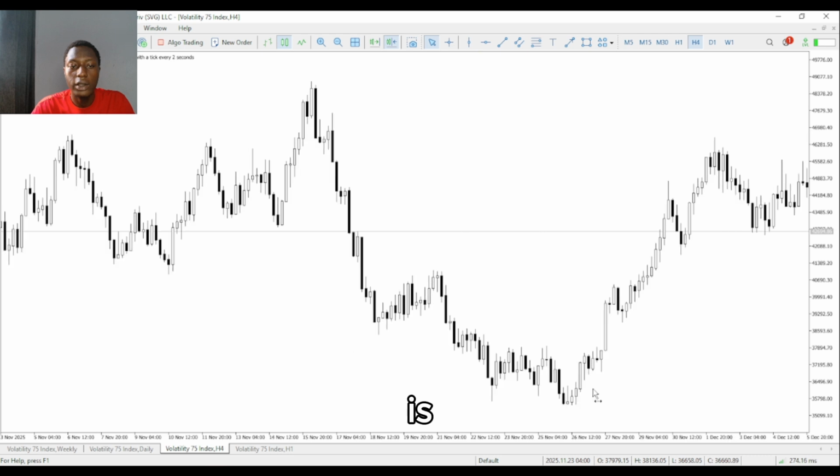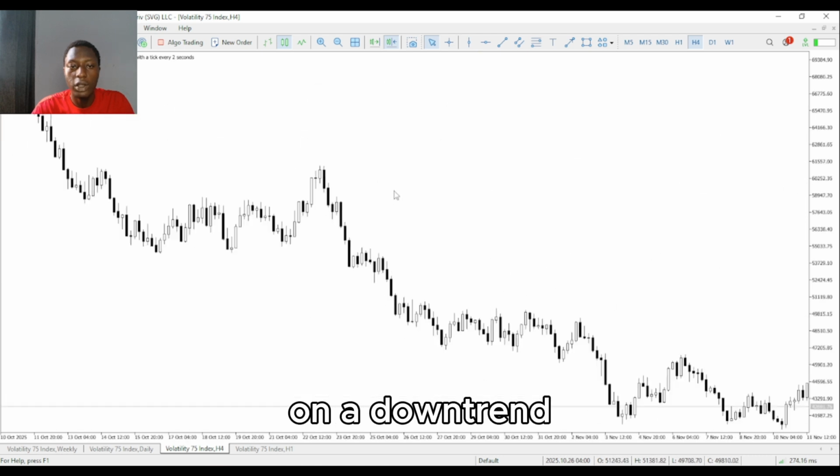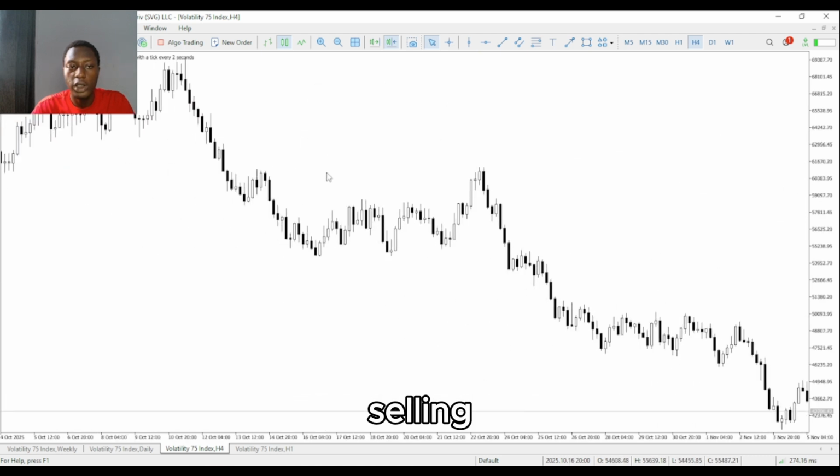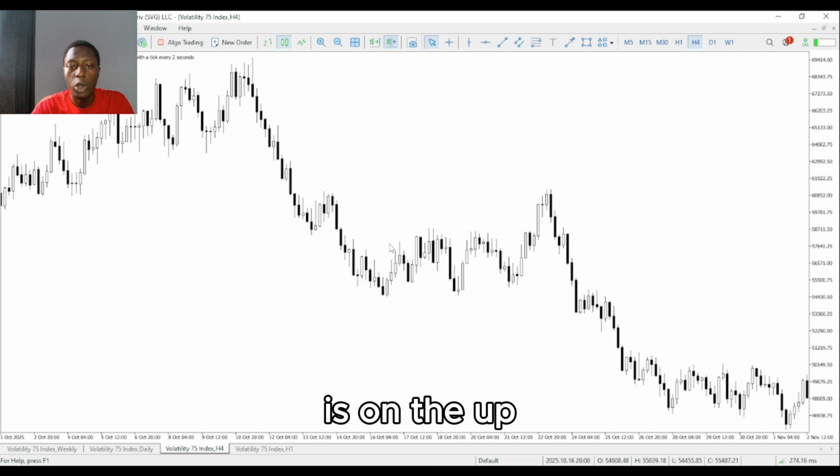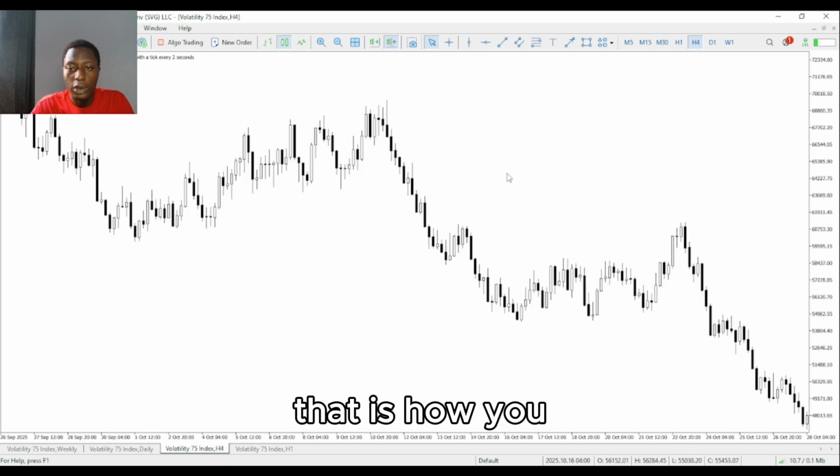If the market is on a downtrend, you look for selling opportunities, while if it's on an uptrend, you look for buying opportunities. If it's on a sideways trend, you buy when the market is at the major support level, then you sell when the market is at the major resistance level. That is how you trade the trend.